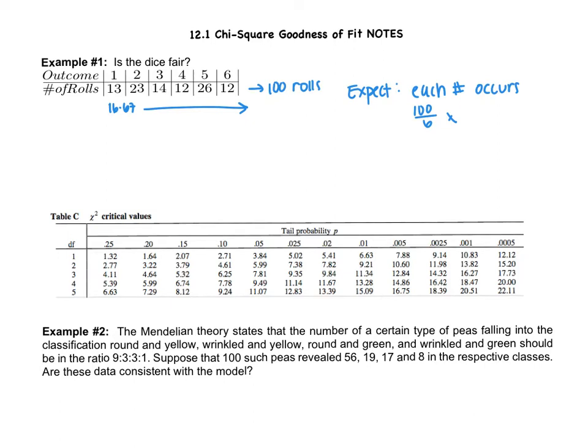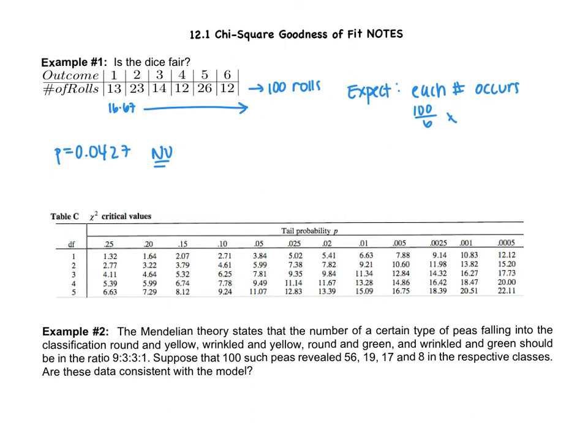Okay, so in this case, we get a p-value of 0.0427, about. So, do we think the dice is fair? No. No, we have evidence to believe the dice is not fair. Okay, so that's the calculator part.